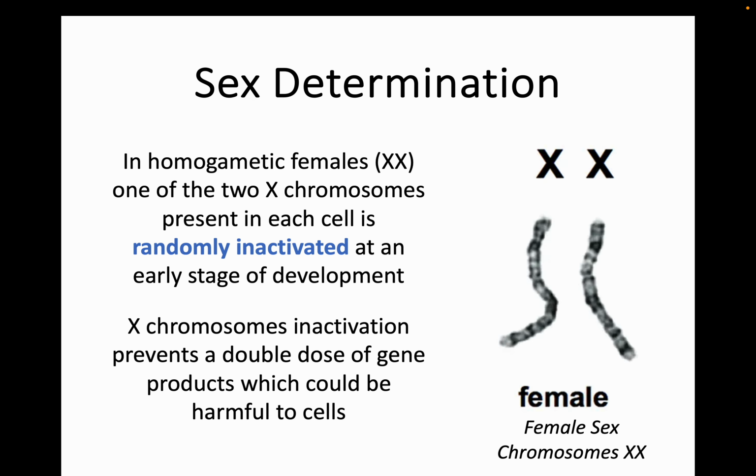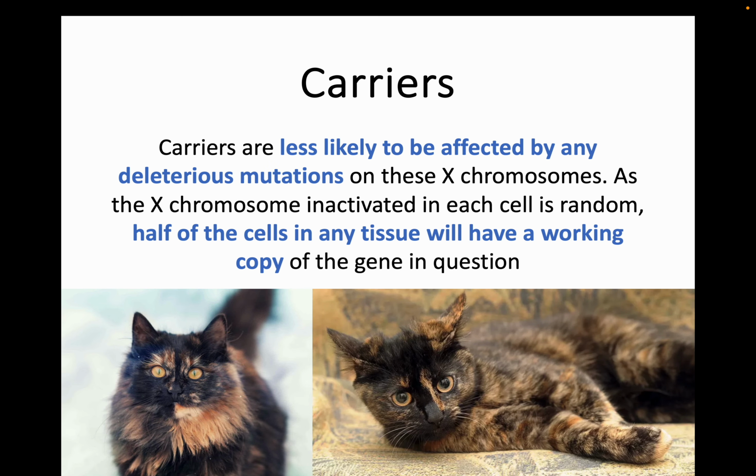That could almost be like a duplication mutation taking place in every single cell when it comes to your X chromosome. Now, carriers then are less likely to be affected by deleterious mutations on these X chromosomes. But if you remember, the key thing is any one of these X chromosomes can be switched off, can be inactivated, and it's random each time.